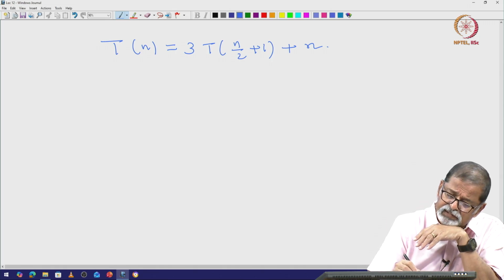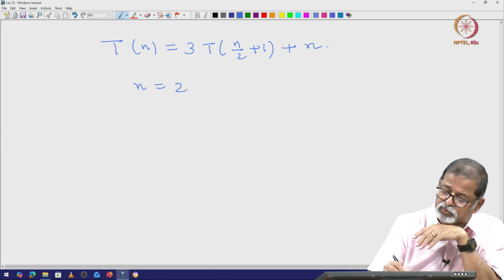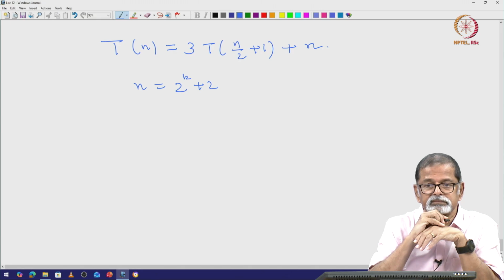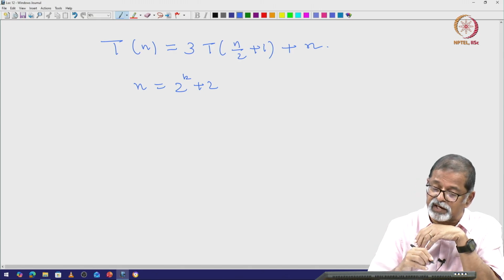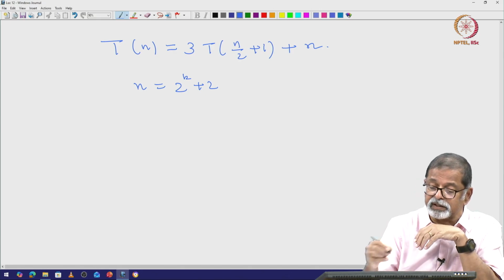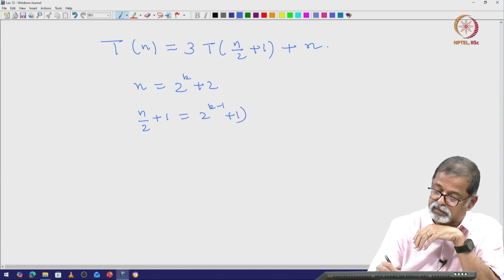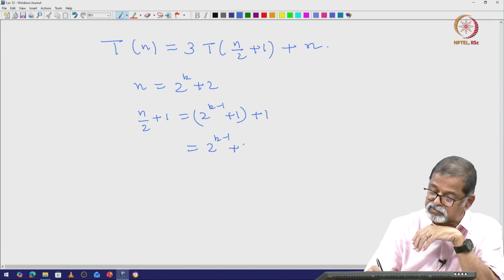If you consider n is of the form 2 power k plus 2, then what can you say about n by 2 plus 1? Then n by 2 plus 1 is 2 power k minus 1 plus 1, this is n by 2 plus 1, and that is equal to 2 power k minus 1 plus 2.